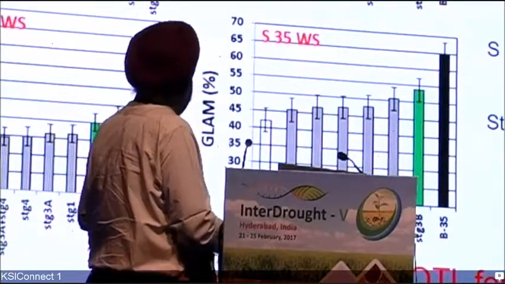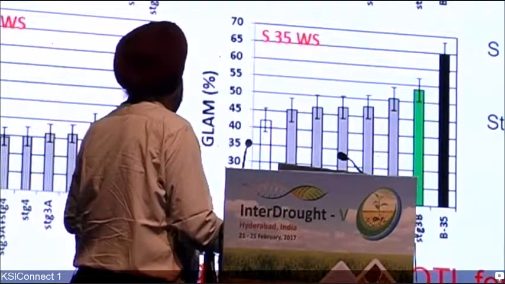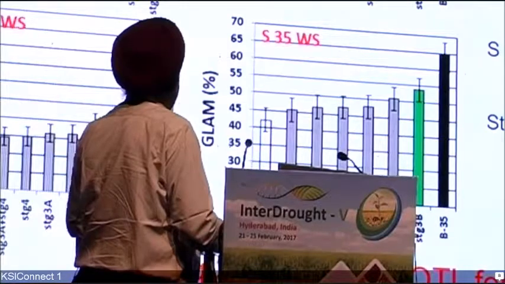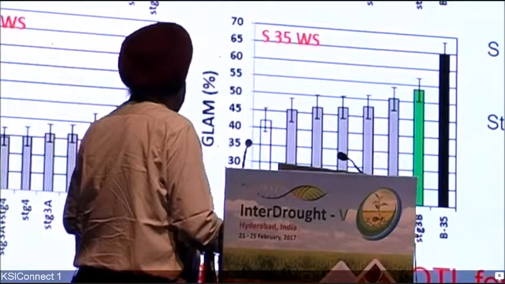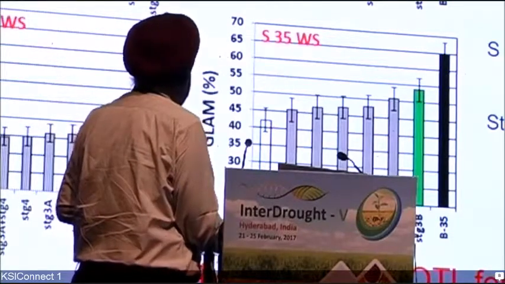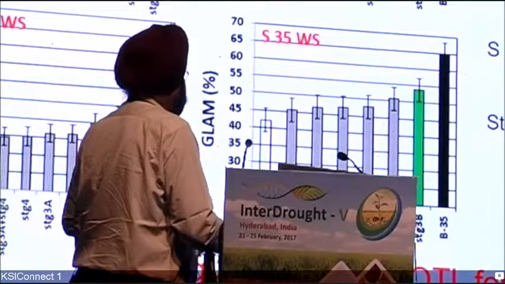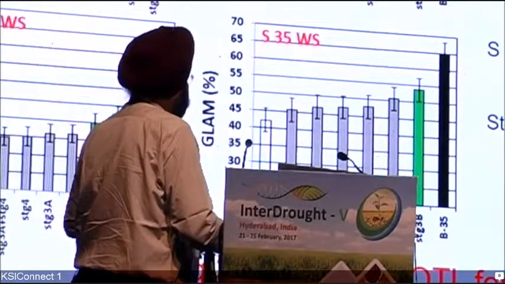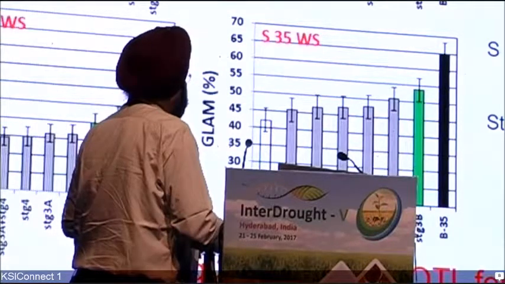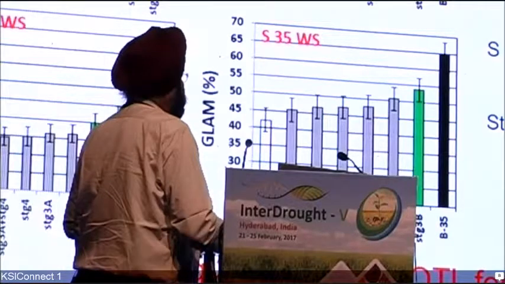You can see B35 is the donor, and this was the recurrent parent in one background, S35. The trials were conducted under well-watered as well as water stress conditions. We found that green leaf area at maturity, a measurement of stay green, is improved by 25% in well-watered condition and 100% in water stress conditions.